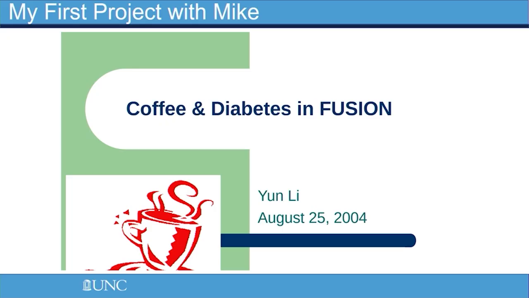So I did my master's at Bowling Green State University, which is 17 miles from Ann Arbor. So I came here, I think, 2 or 3 days each week. And this is the very first project I worked with Mike, and I presented the results when school started. This is looking at the association between coffee consumption and the risk of type 2 diabetes.